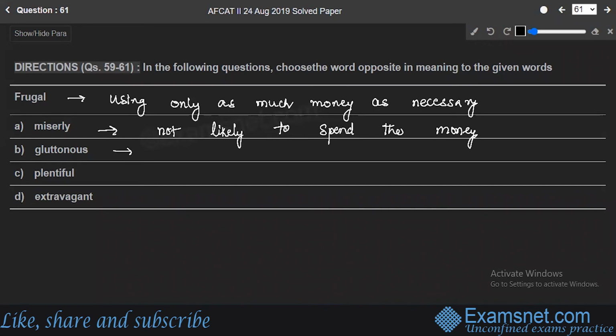Then is the word gluttonous. It means excessively greedy, one who is excessively greedy. Plentiful means available in large quantities.